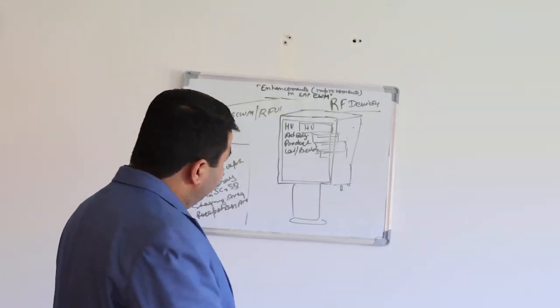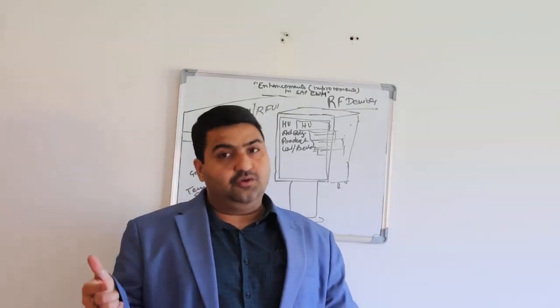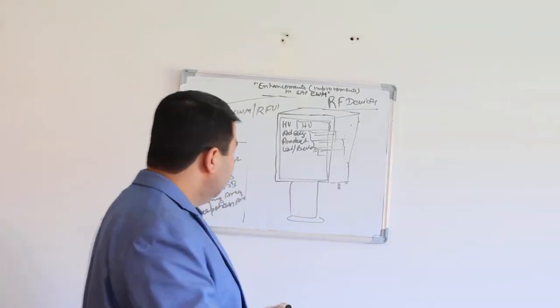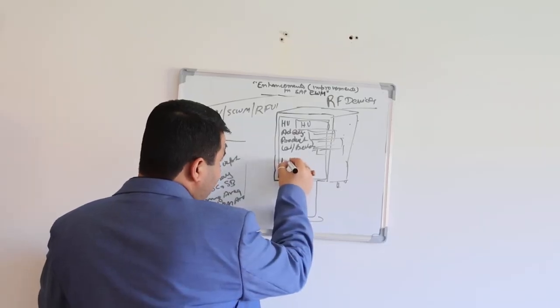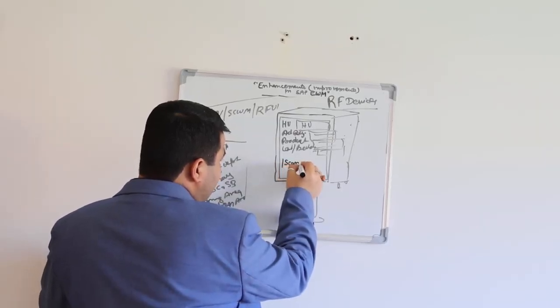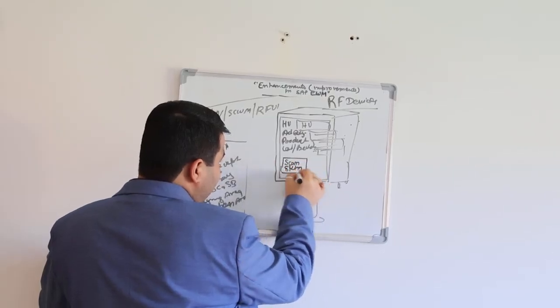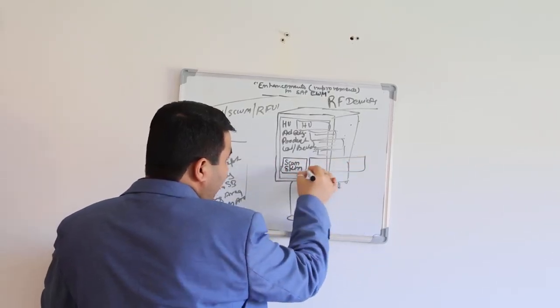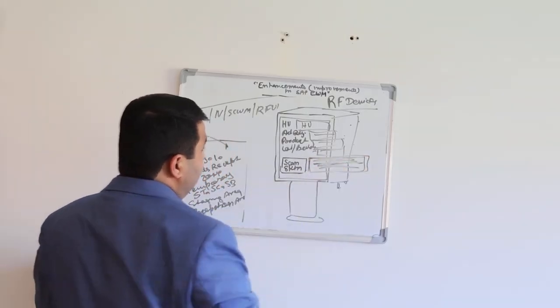But from last week we started getting different barcodes, and we need to create this in the system. So in that situation I want some enhancement. I want one scan button here on the RF screen, and one more area on the screen where I can scan that barcode.